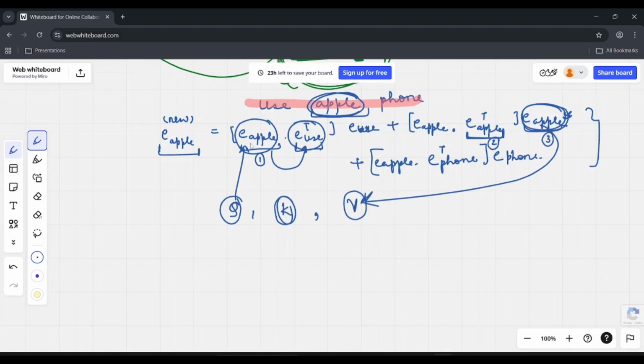Now, since a word embedding is used in three different ways, why do we use the same embedding for three different purposes? This is not the right way, right? If I am good at cooking or good at teaching, that doesn't mean I have to do everything. I might know a little bit of cooking, a little bit of teaching, but that doesn't mean you let me cook food as well as teach students.